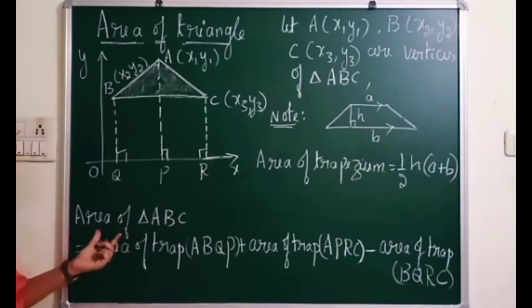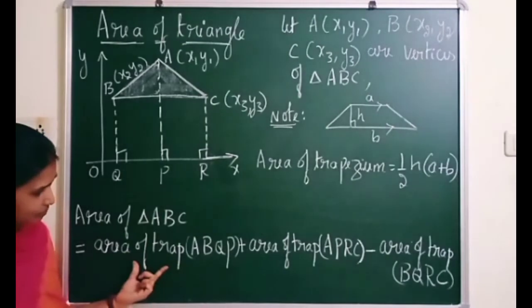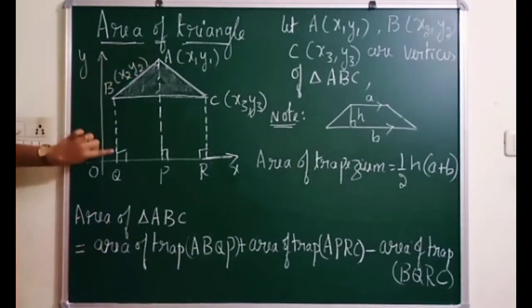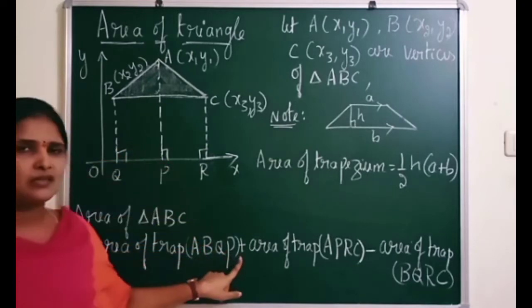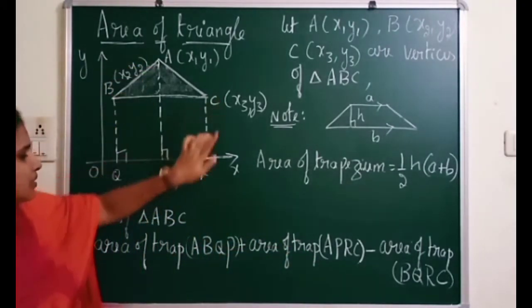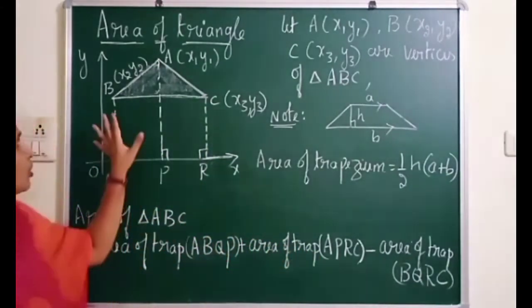You can see area of triangle ABC equals area of trapezium ABQP plus area of trapezium APRC. With the addition of these two trapeziums, you get the full picture.